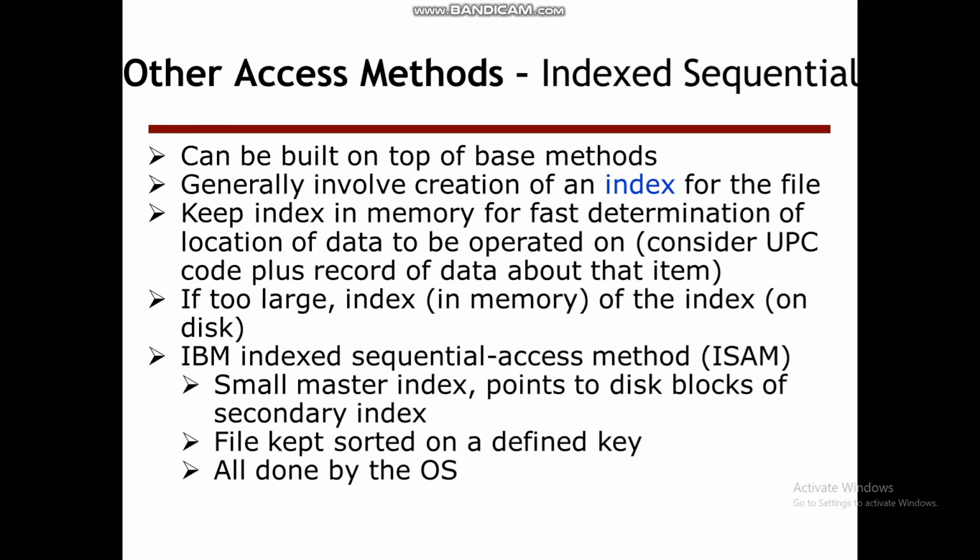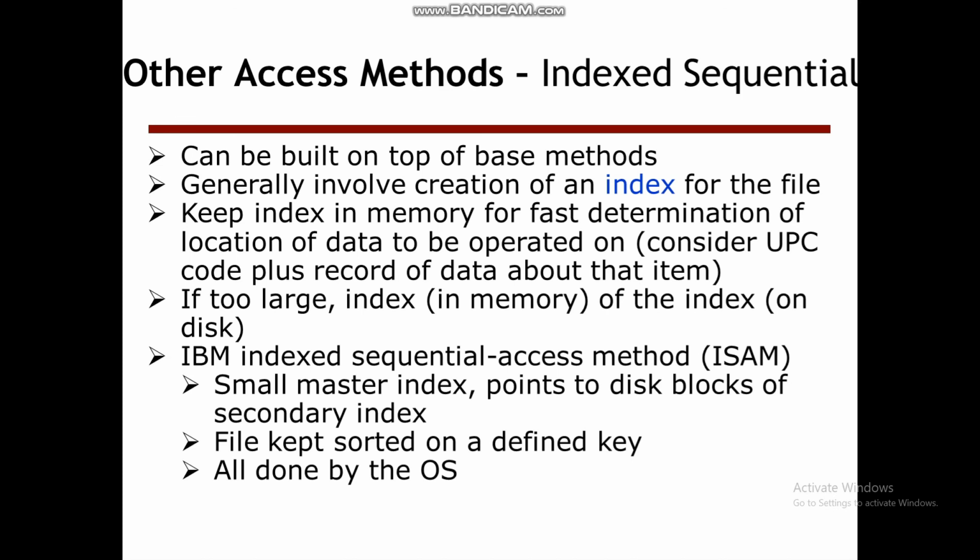Here, records are organized in sequence based on a key field. We can keep the index in memory for fast determination of the location of data to be operated on. If we have larger files, then we can have an index of index. The IBM indexed sequential access method (ISAM) is a typical example of this.